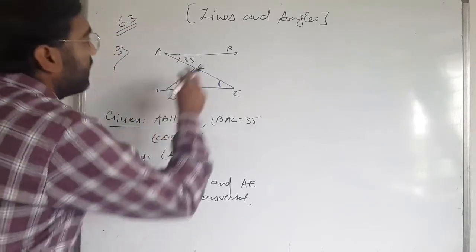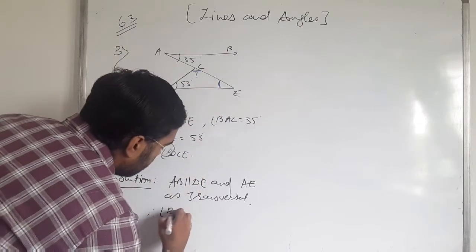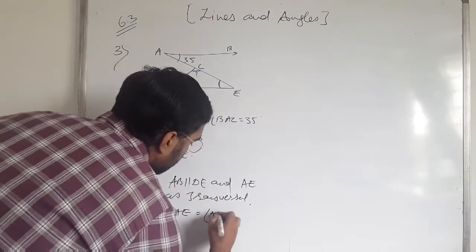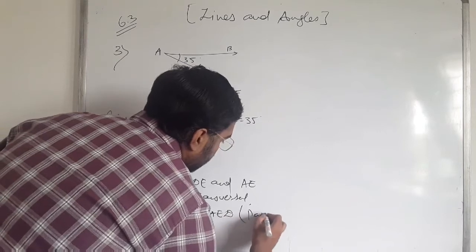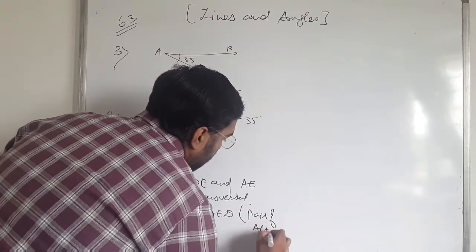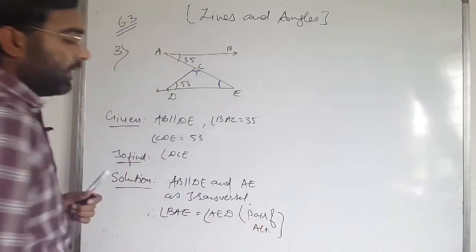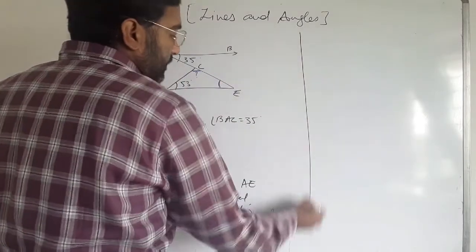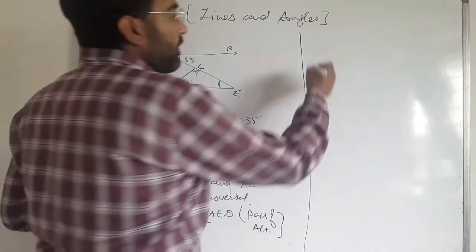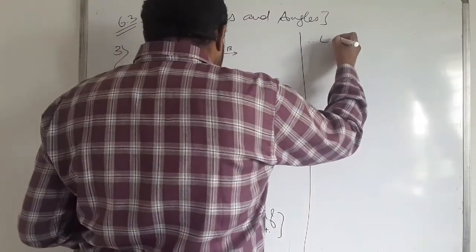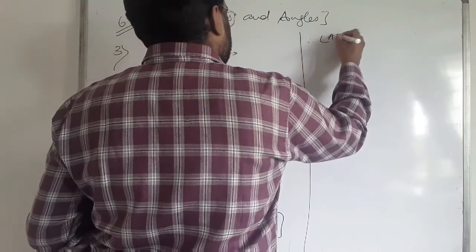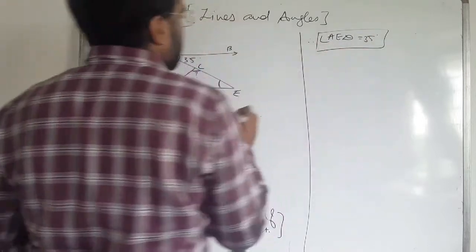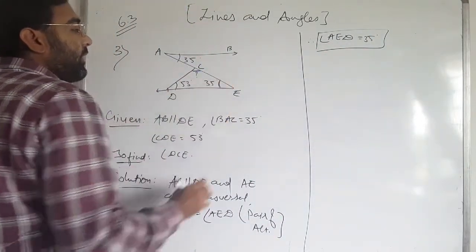Therefore angle BAE is equal to angle AED, pair of alternate angles. Therefore angle AED is equal to 35 degrees.